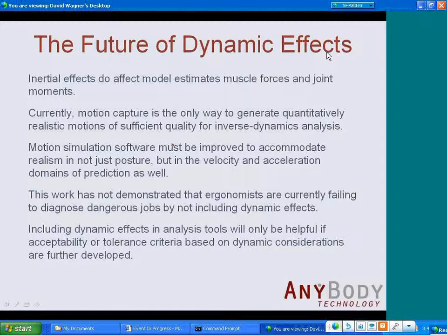Unfortunately, motion capture is the only way to generate these quantitatively realistic motions of sufficient quality for inverse dynamic analysis, although I think that is changing with the motion and posture prediction models that are currently emerging in the field of ergonomics, and Humosim, the lab I'm part of, is developing a model that hopefully will be a part of that emerging field. Motion simulation software, again, must be improved to accommodate realism in not just posture, but also the velocity and acceleration domains as well.